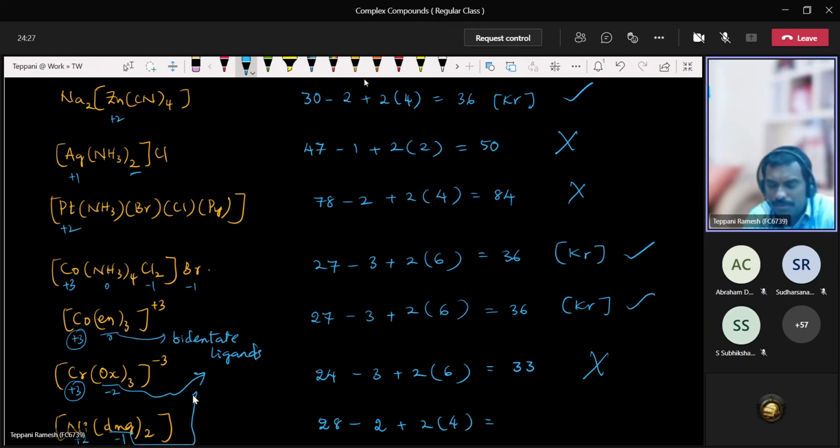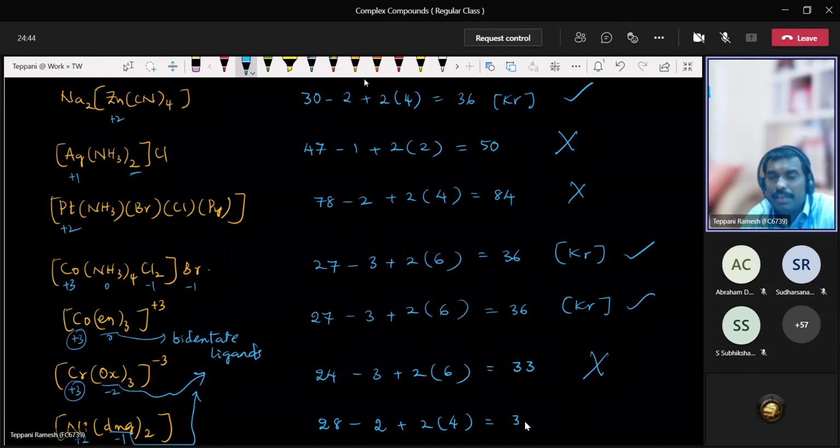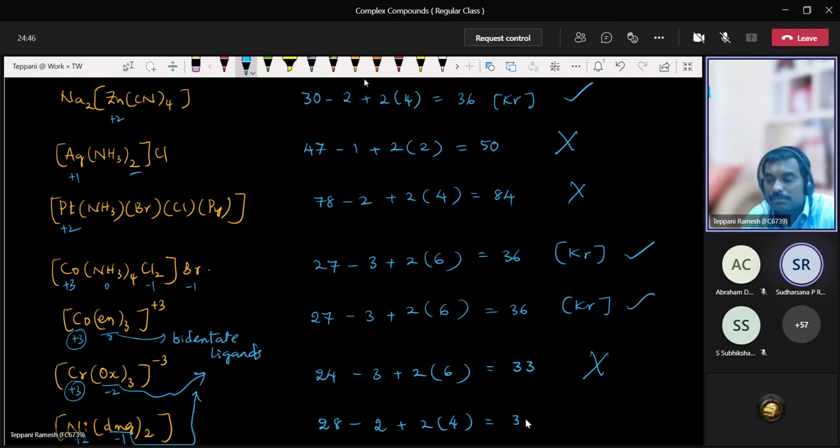DMG is also a bidentate ligand. Each DMG will form 2 dative bonds. 2 DMG will form 4 dative bonds. Answer: 28... 34, sir. 34 means not followed.